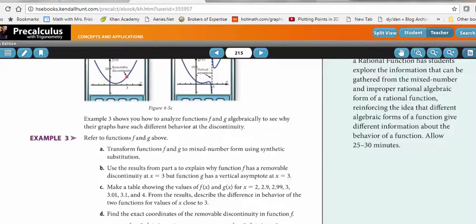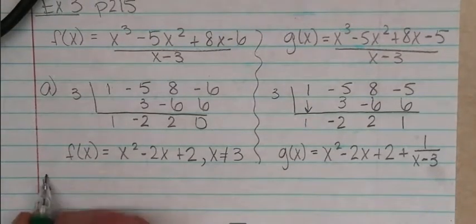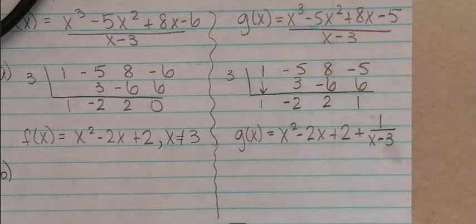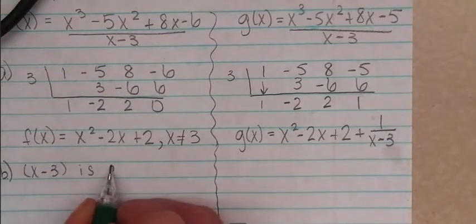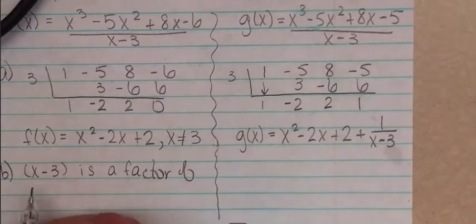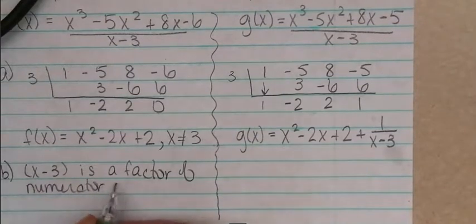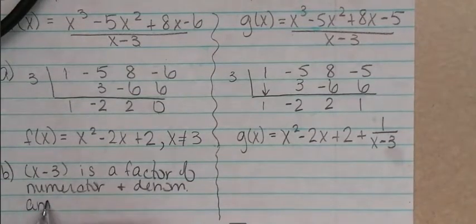So I'll go ahead and write that down for you. Here I'll keep the division happening. So we got x minus 3 is a factor of numerator and denominator, and reduces.